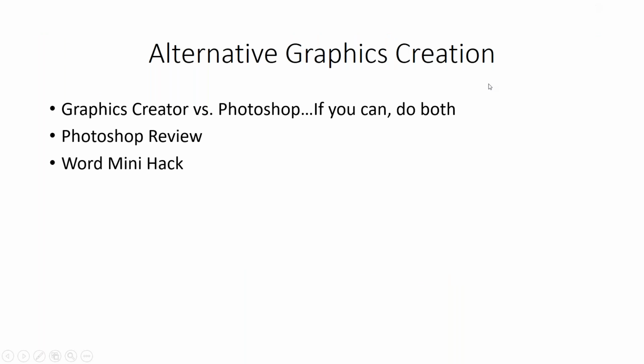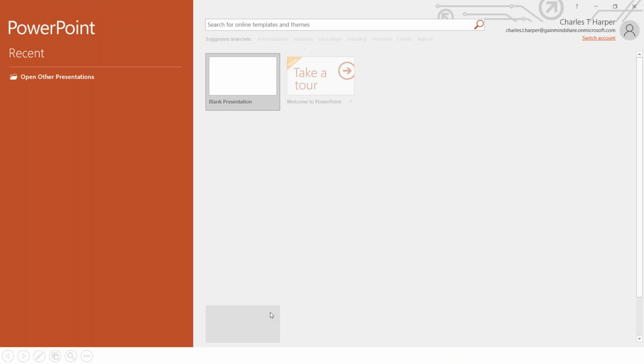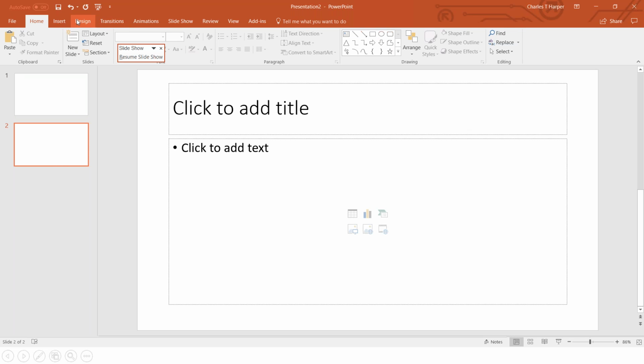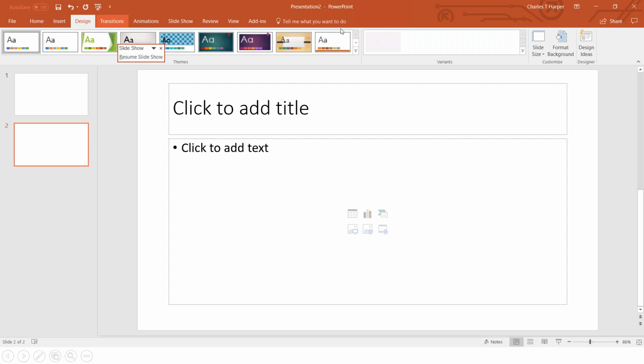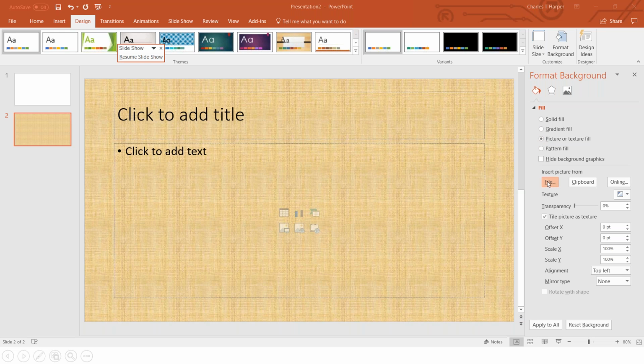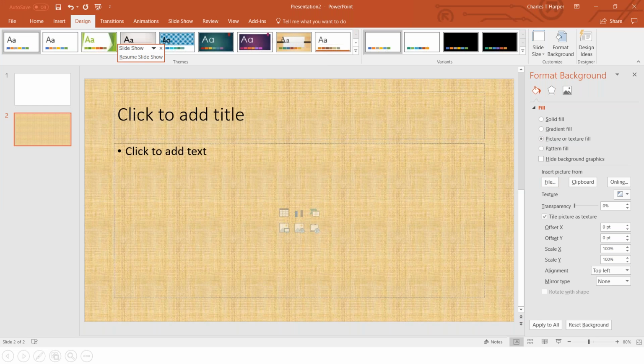You can do the same thing with Microsoft PowerPoint. Right, if we bring PowerPoint up here and we bring our site down and we go to the design area, right, we can format the background and we decide to do a picture fill. And we get that picture from a file and we get it from that bundle.